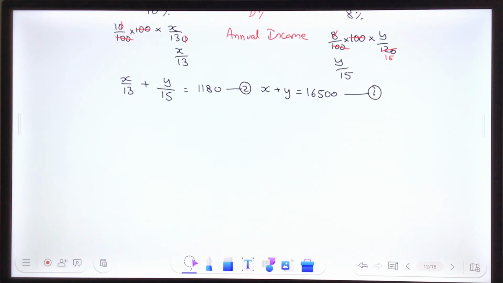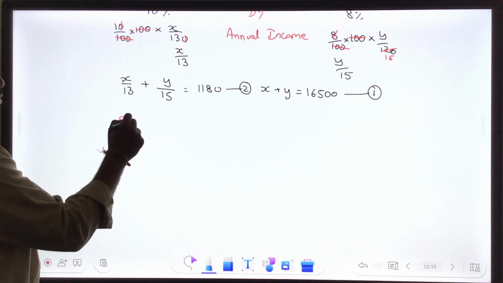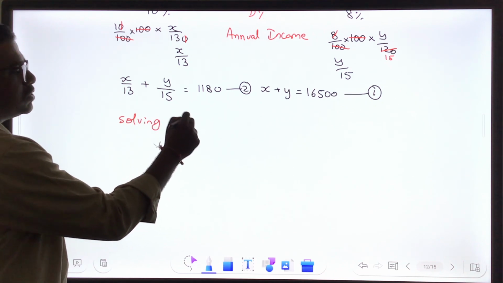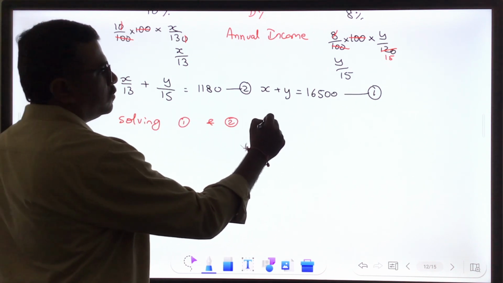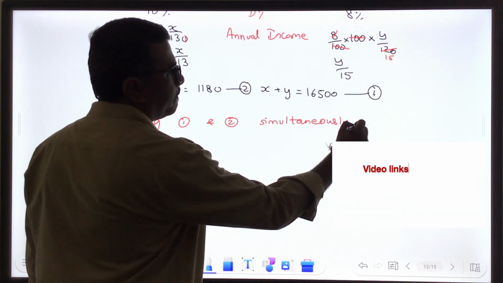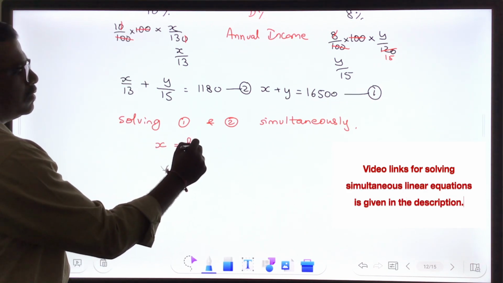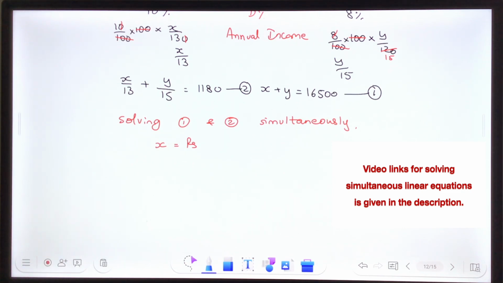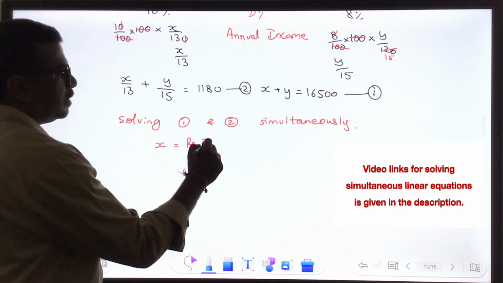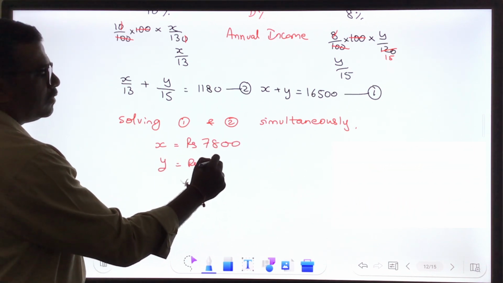We solve these two equations simultaneously either by substitution or by elimination method. So solving equation 1 and equation 2 simultaneously, we get the value of X as rupees 7,800 and the value of Y as rupees 8,700.